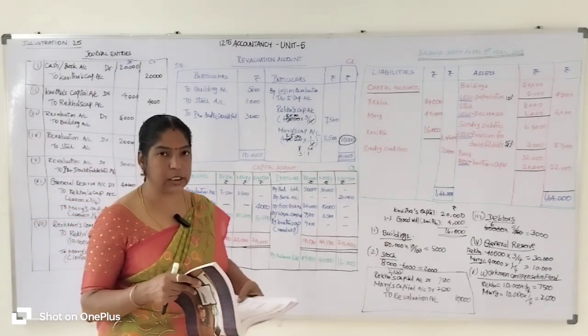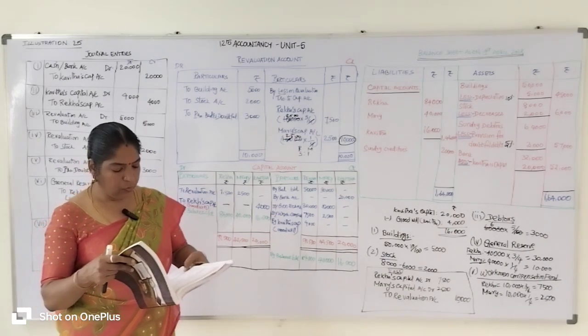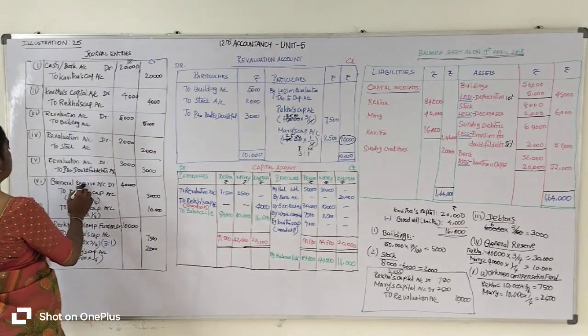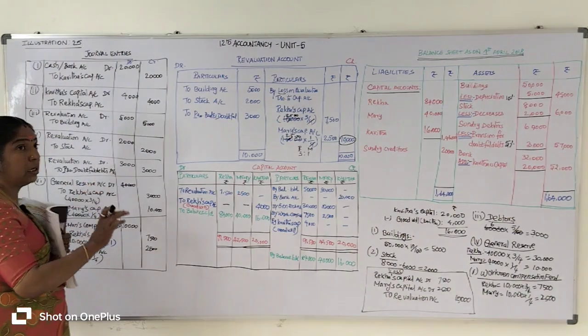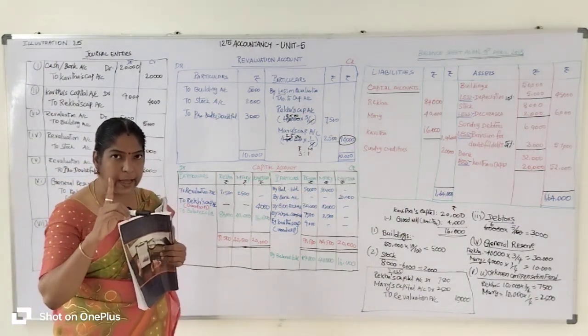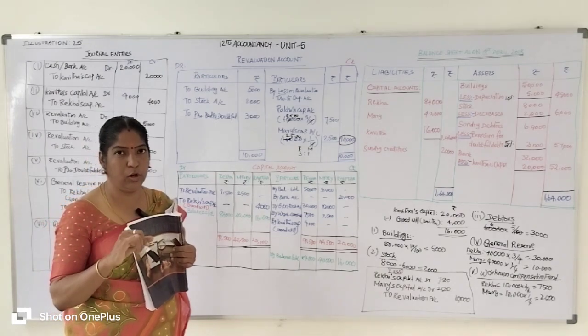We have the general reserve on the liability side in the question. How much? 40,000 rupees general reserve. That general reserve is to be transferred to the old partners' capital accounts with their old profit sharing ratio. Who are the old partners?